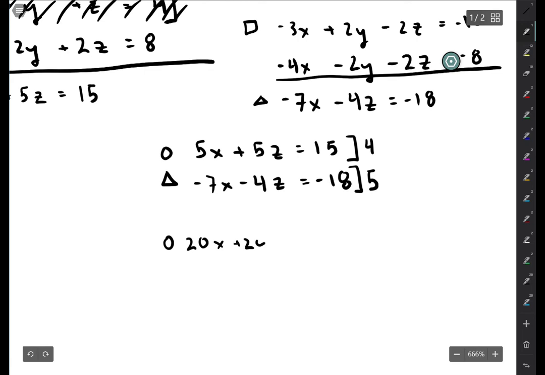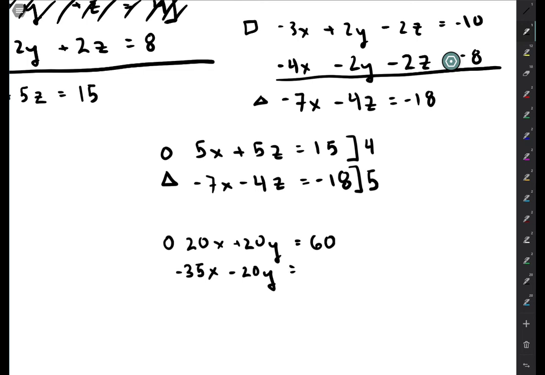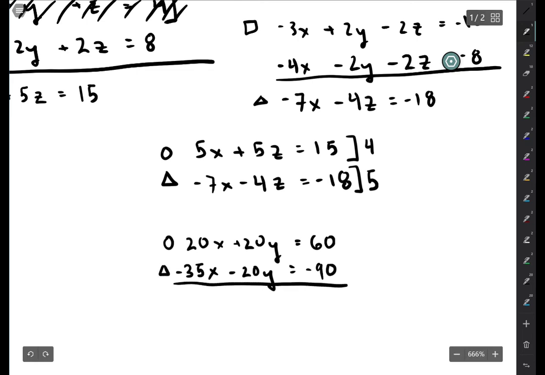So my new circle is then 20x plus 20z equals 15 times 4, 60. 5 and negative 7 is negative 35x, minus 20z equals negative 18 times 5, which is negative 90. And then more elimination to go.